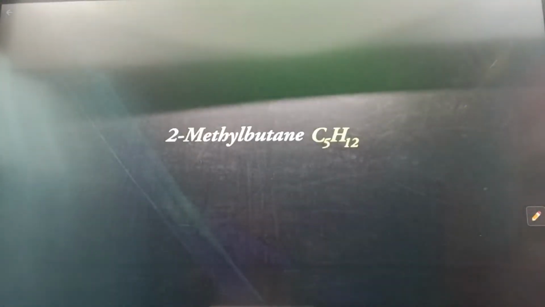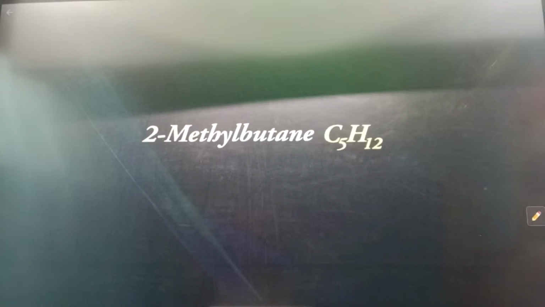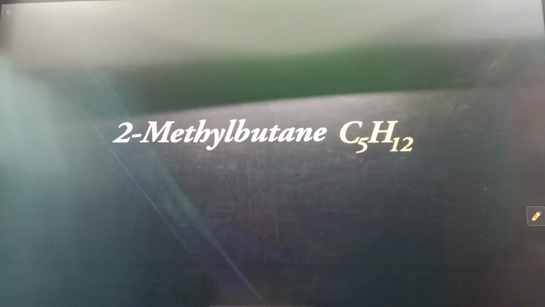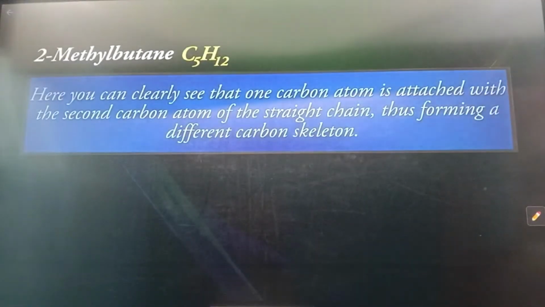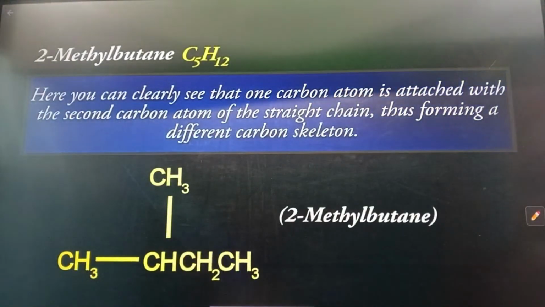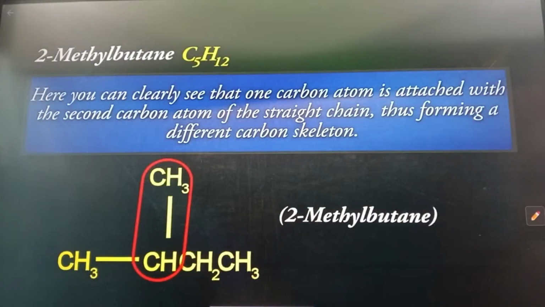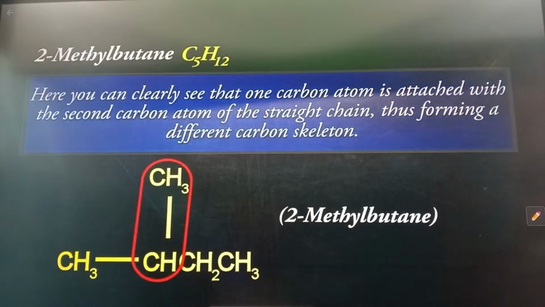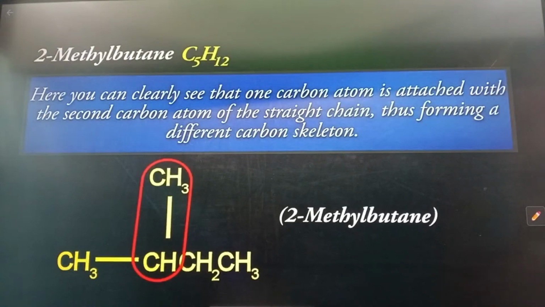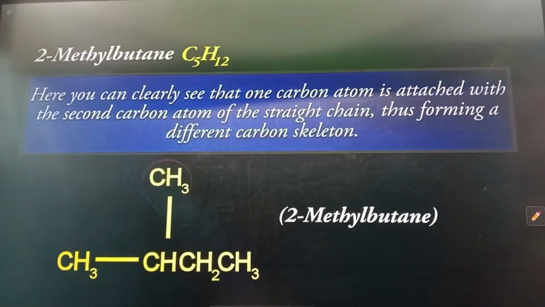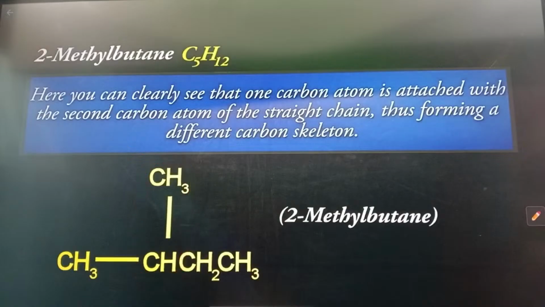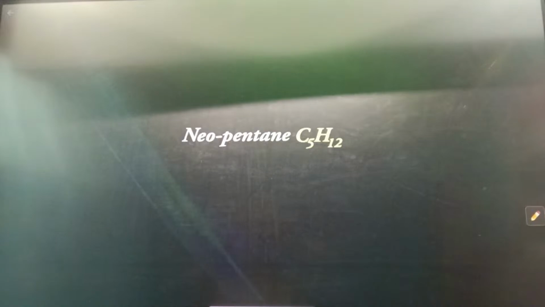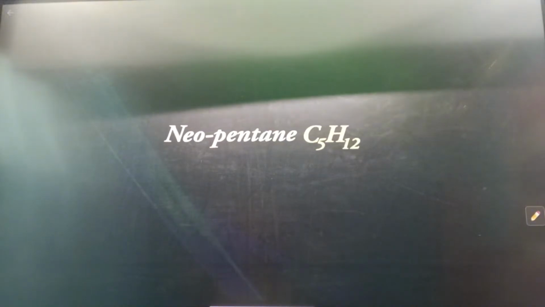The second compound is isopentane or 2-methylbutane. Here you can clearly see that one carbon atom is attached to the second carbon atom of the straight chain, thus forming a different carbon skeleton. The third compound is neopentane.